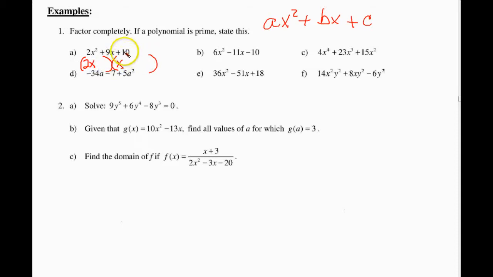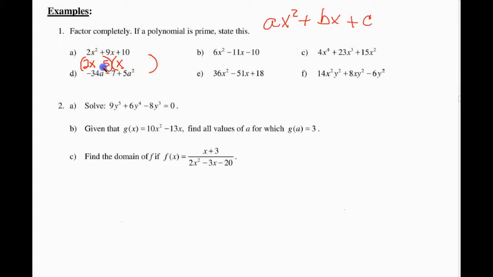But now we have a 10 here. So it could be, and you do this mentally, 10 and 1. No, that's not going to work. How about 5 and... no, that's not going to work that way either. So we have to have an eraser handy here. That's where we get the guess and check.